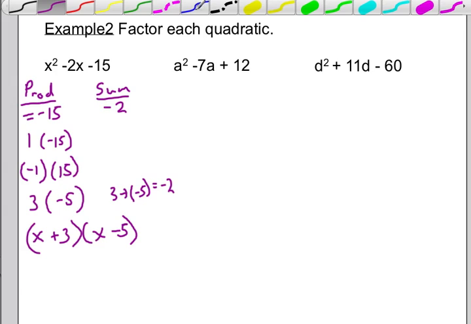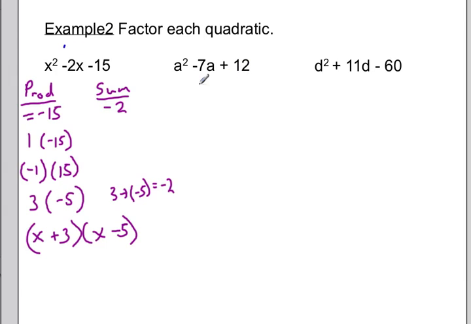Okay, next example. We need a product of 12 and a sum of negative 7. Now notice the sum is negative 7, so we can't have two positive numbers that multiply to give you 12. They have to be two negative numbers that add to give you a negative number. And when you multiply two negative numbers together, you get a positive number.